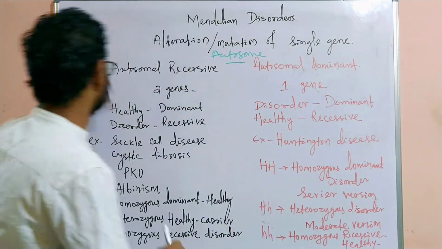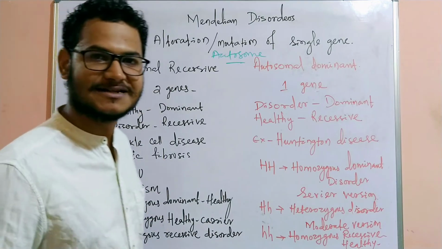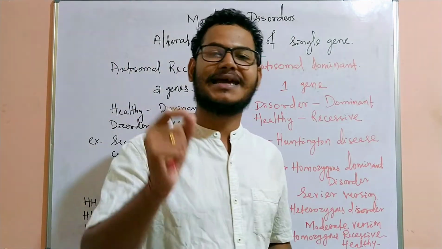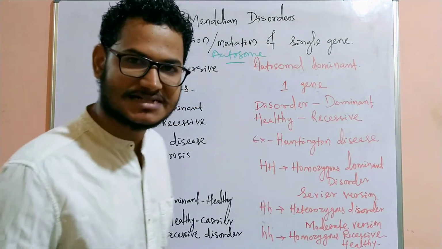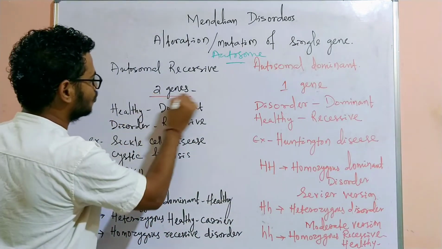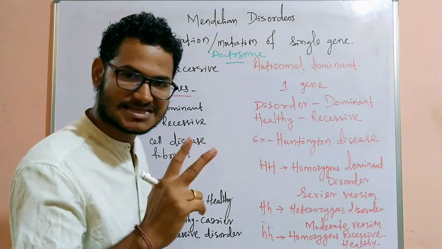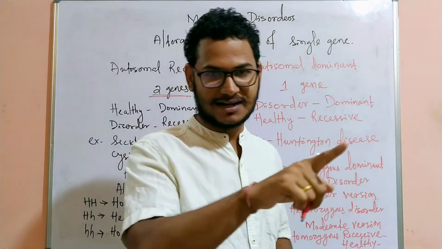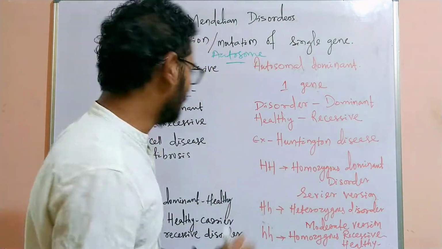So first we will discuss the autosomal recessive disorder. To cause any autosomal recessive disorder, both genes, one from the father and another from the mother, should be affected.